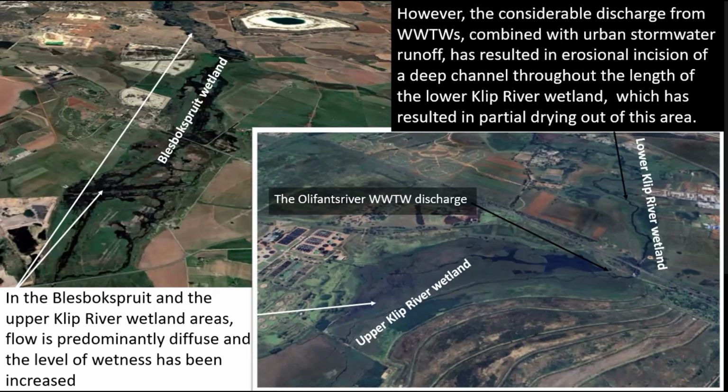But in contrast, in the lower portion of the Klip, the immense discharge from wastewater treatment works, in combination with increased peak discharges from all the hardened surfaces in the wetland, have resulted in severe erosional incision of a deep channel throughout the length of the lower Klip River wetland.